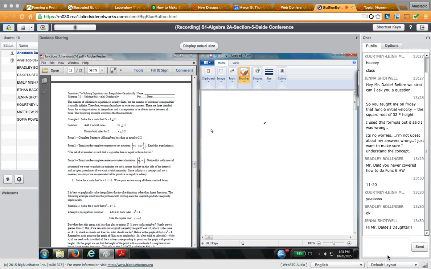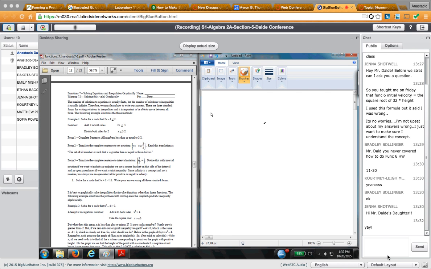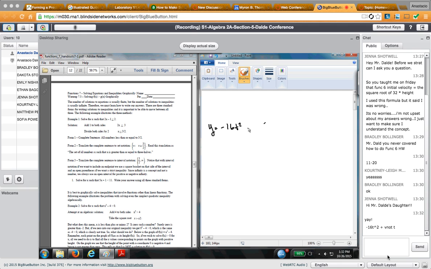So if you can remind me from function 6, I think it was y is equal to negative 16t squared. Help me out here, folks. What was the rest of it? Plus 50 or something? Plus v naught, oh yeah, okay. Plus v naught t. That's all I gave you, right?